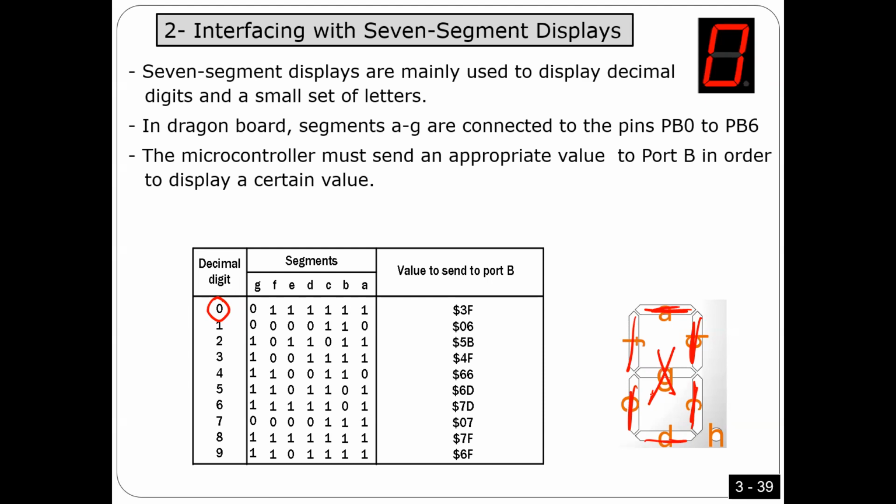To give the shape 0, as you see here, you have to put 1 1 1 1 1 1 0, and this should be 3F. So this is the number I have to put in port B in order to see 0. Every number should have a code. Same thing if you want to do number 5, you have to put 6D, because for number 5 you are going to turn everything on except E and B, and so on.